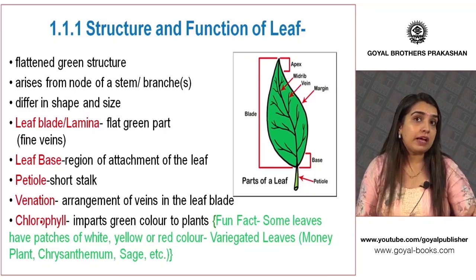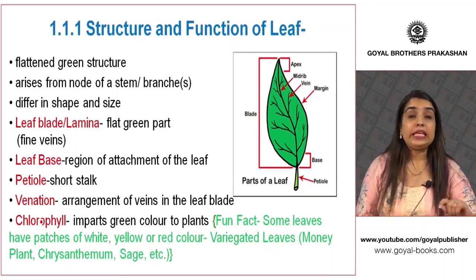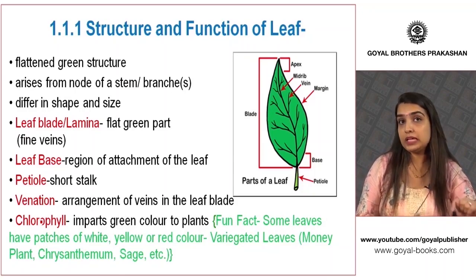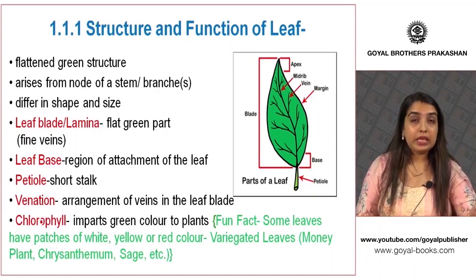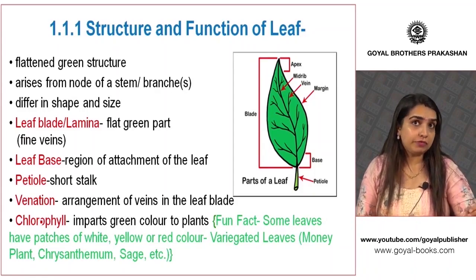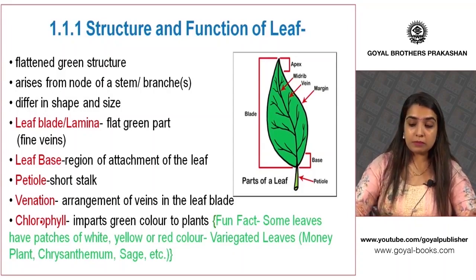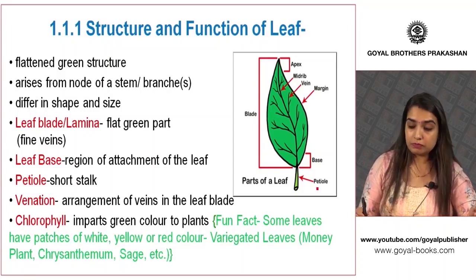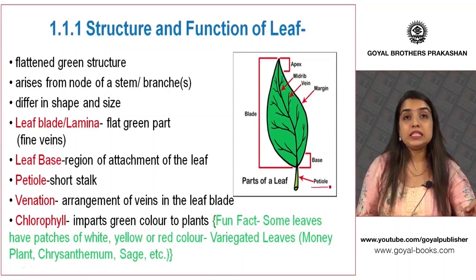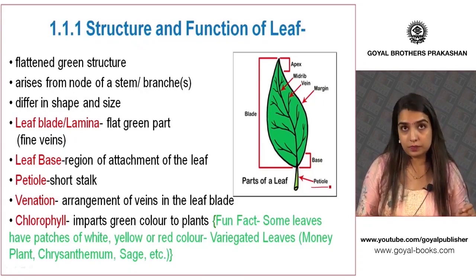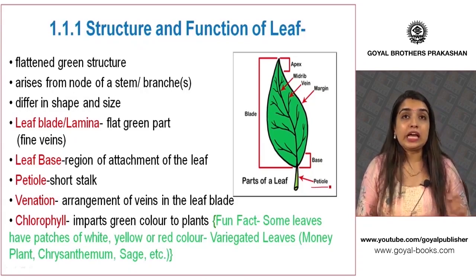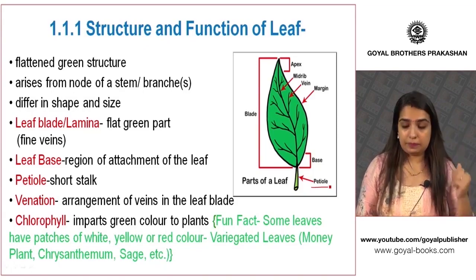And an interesting fact is that sometimes they even vary in color, but we will get back to it later. If we focus on the parts of a leaf, we see that we have something called petiole, which is this. This is a small stalk which helps in attachment of the leaf to the stem.